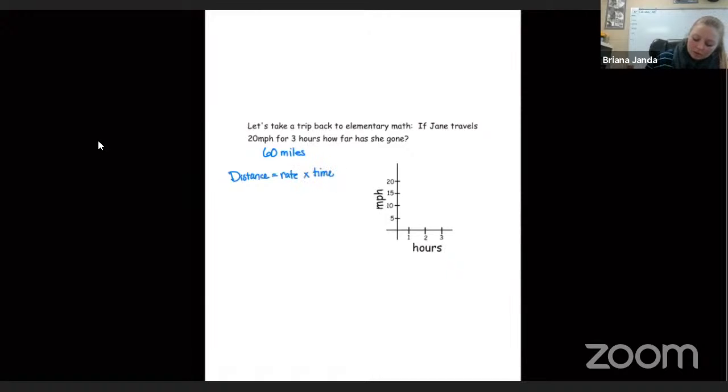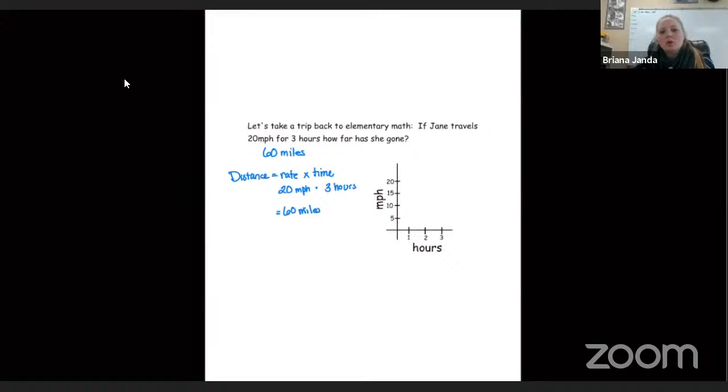That is our 20 miles an hour times our 3 hours, and that's where our 60 is coming from. So we don't really need calculus, but this is a nice, easy way for us to ease into seeing the connection to what we're going to talk about today.